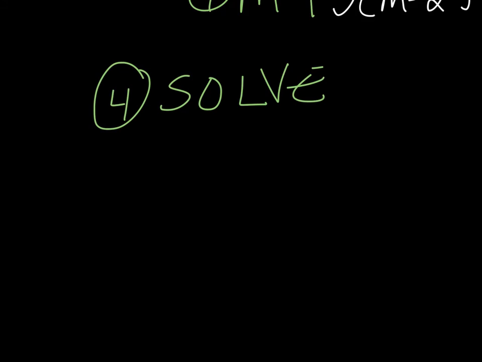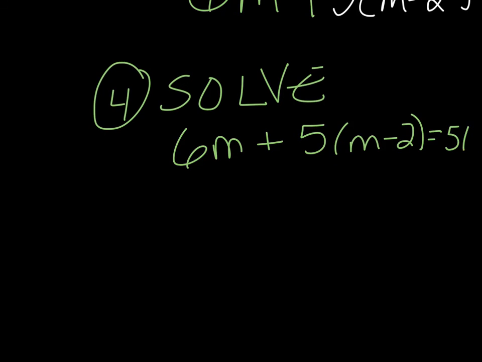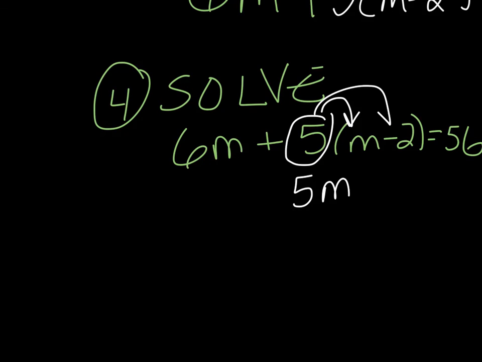All right, so we have 6M plus 5 times M minus 2 equals 56. We got to find what M is. So, take that 5, I'm going to distribute it. That's 5M. Take that 5 again, distribute it here, so that's negative 10 equals 56. 6M goes down. We're going to combine like terms.